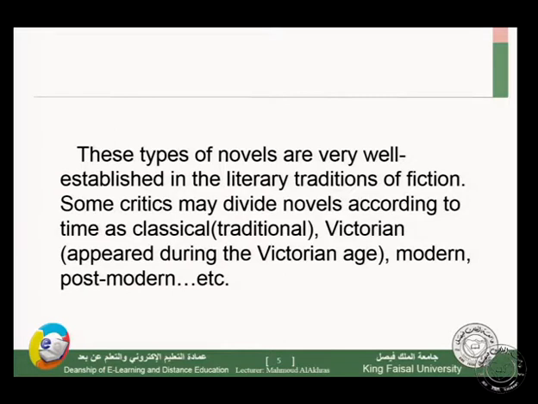The first classification of novels according to time: we have the classical or traditional novel, the Victorian novel, which appeared during the Victorian age in the 19th century, when great novelists appeared. And we have modern, then post-modern in the 20th century and the 21st century.